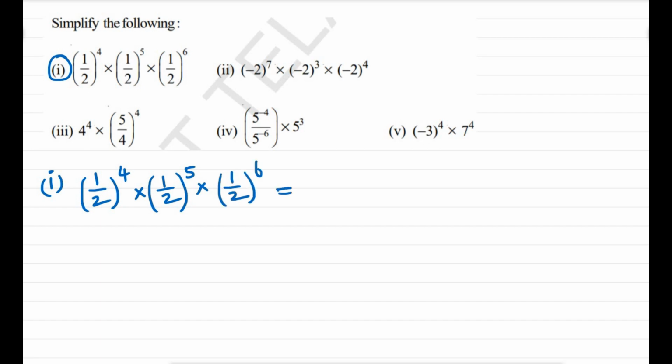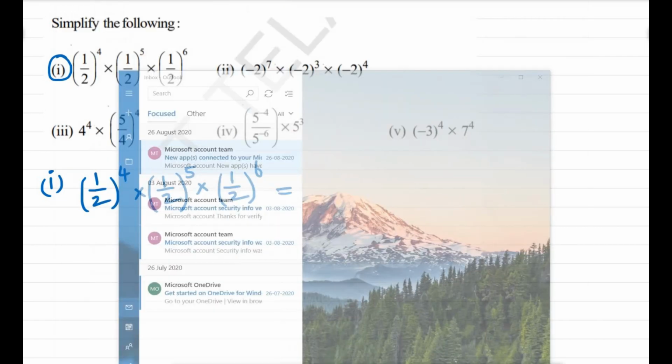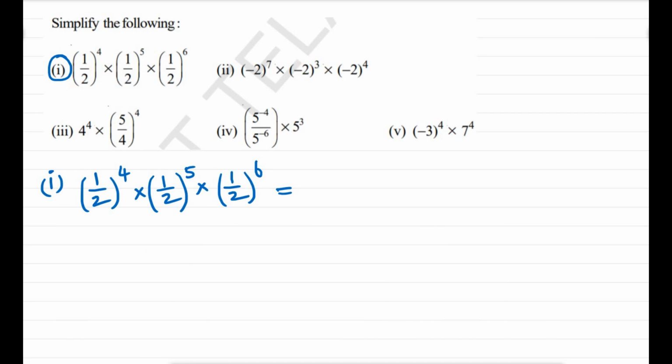Now if you observe clearly, the bases are equal. We know the rule: if bases are equal, powers can be added. The rule is a to the power of m into a to the power of n is equal to a to the power of m plus n. Using this rule, we can solve.